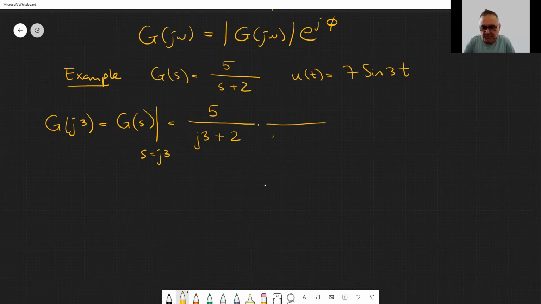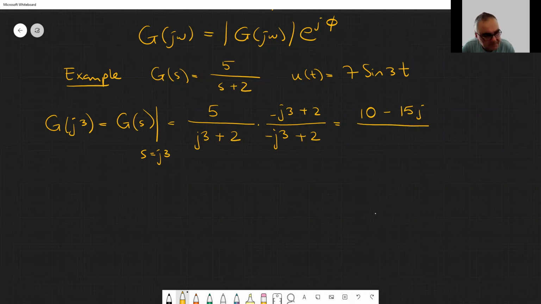We will multiply it by the complex conjugate to separate the real and imaginary parts. So you will get 10 minus 15j, divided by 13. We have 9 and 4, so 13.